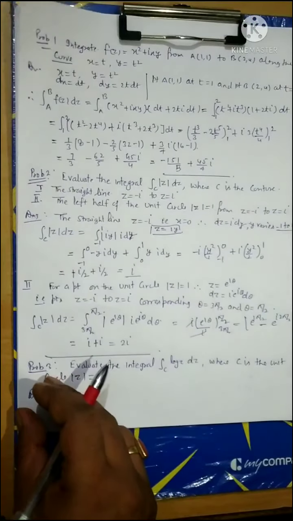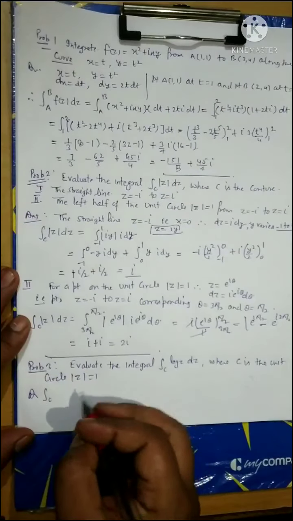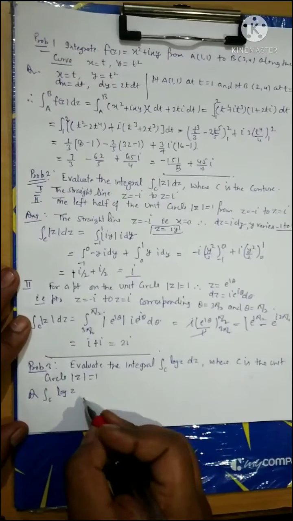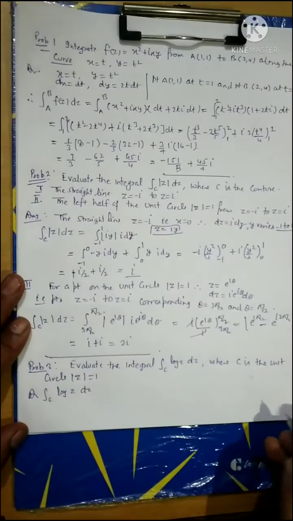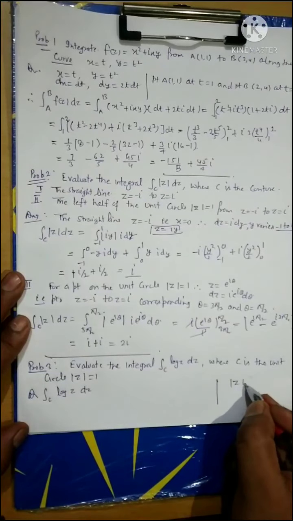Now solution: integration over C log z dz. Now for the unit circle, that is z modulus is equal to 1.